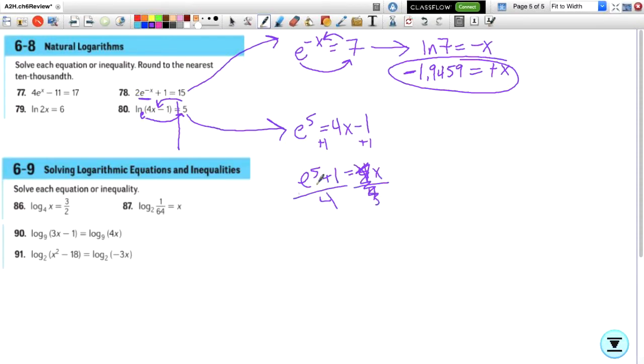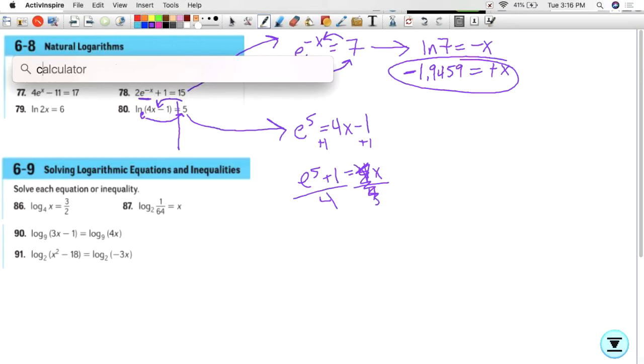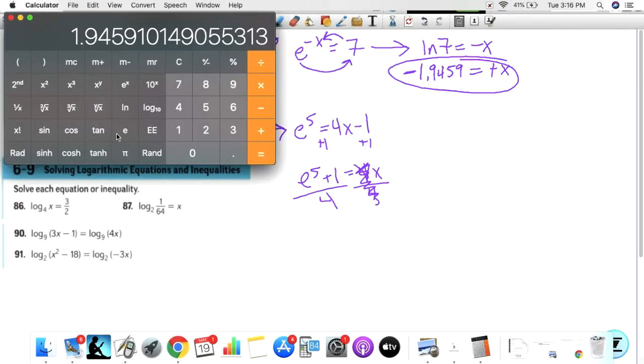Now, I wrote it like this, but I actually can solve that. I can do e to the 5th, and then add 1, and then divide by 4. So let's clear this out first. So I'm going to do e to the 5th, and then I'm going to add 1, press enter.